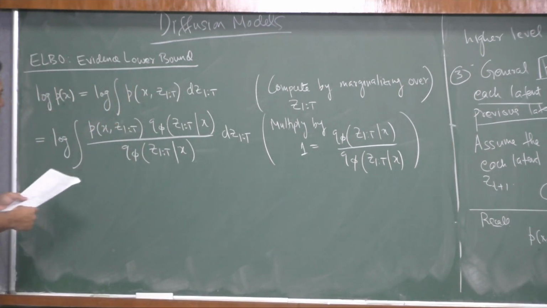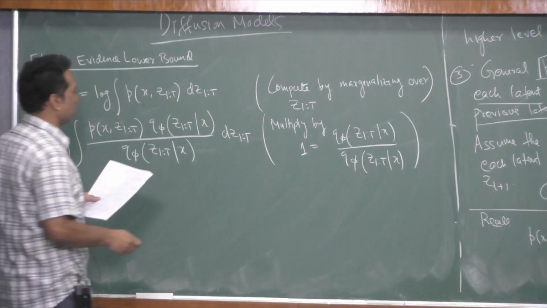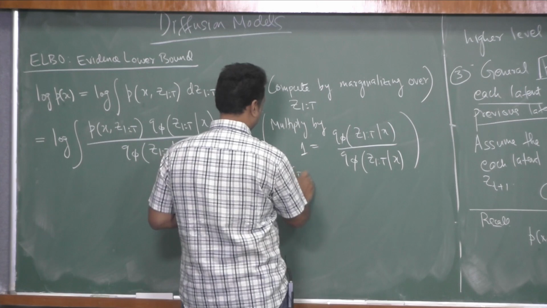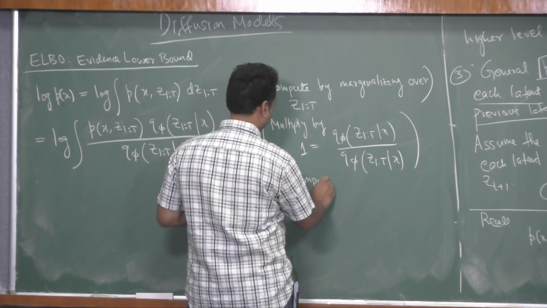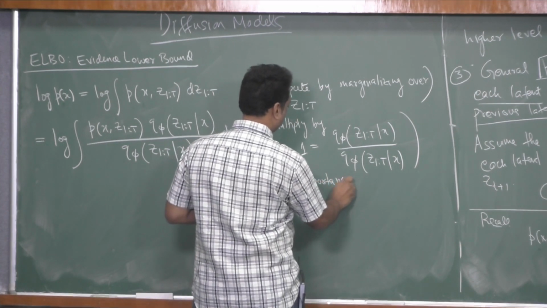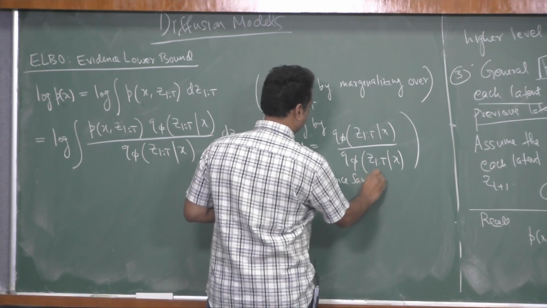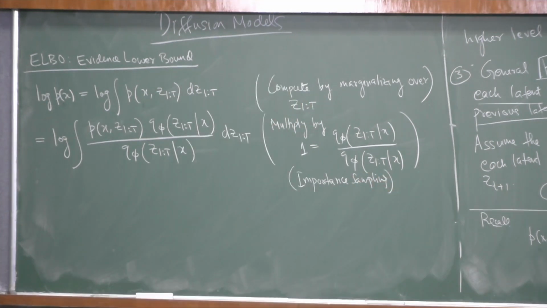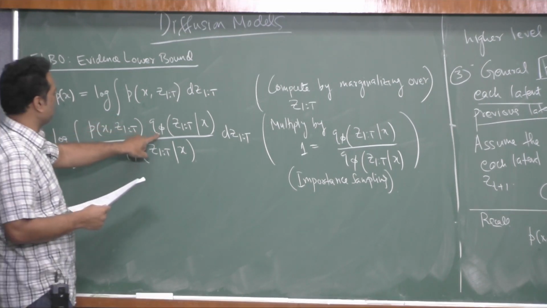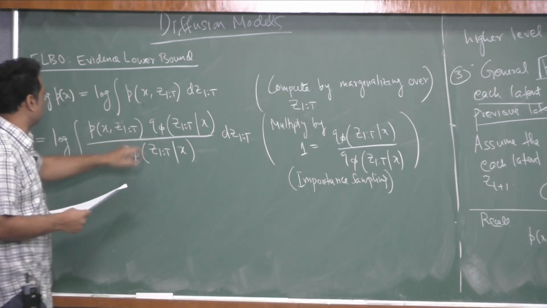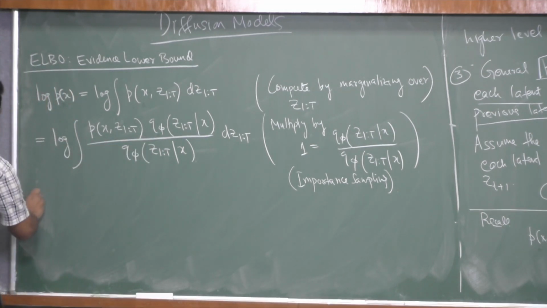Okay, that's what I have done, and that's also inspired from importance sampling. So what this does is that with this I can see these as an expectation over q phi. Okay, that's the whole reason, similar to VAE.